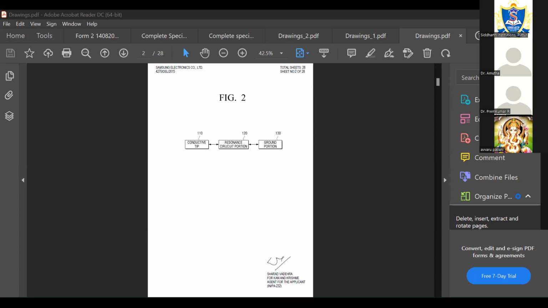In that case, the invention will be put in the public domain. Otherwise you will be infringing on others' inventions also, and then you have to pay for the infringement. In order to avoid that, it should not be too broad.